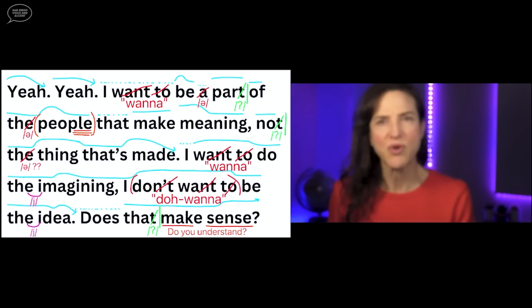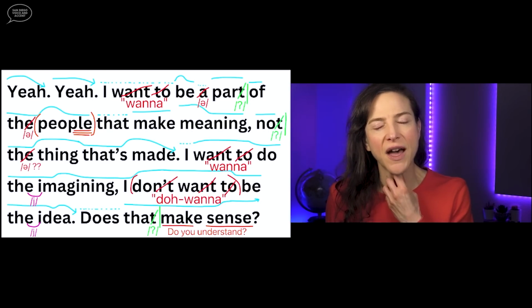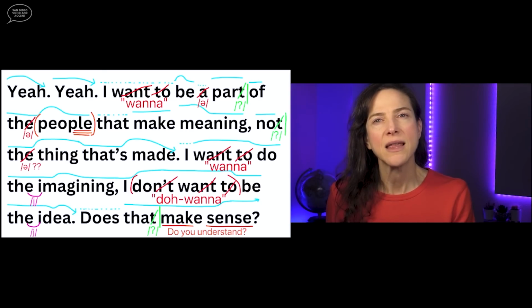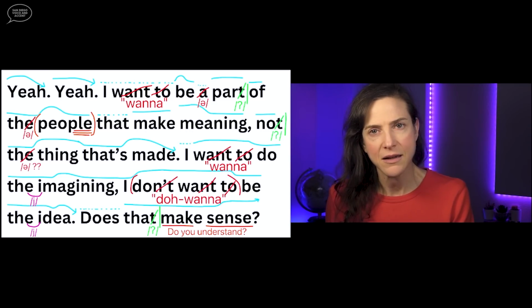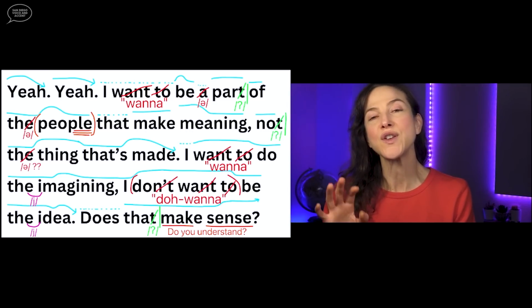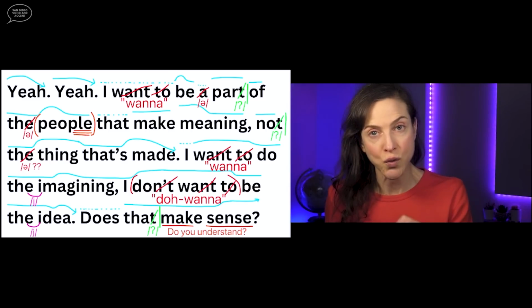So again, she has breathiness on "part of the people that," and again on that, she's got that breathiness. She has a break there, meaning "not the thing that's made." So she's using good intonation here to highlight certain words.